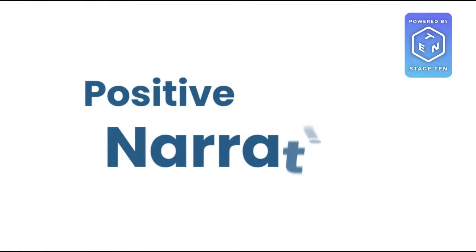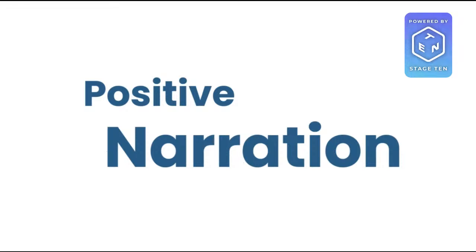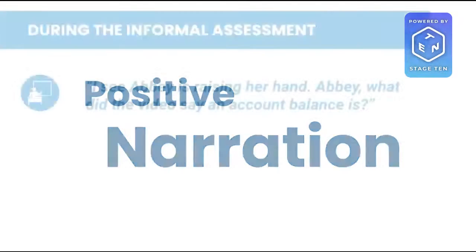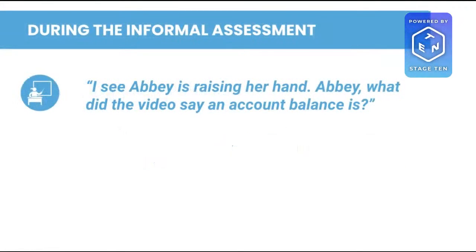Instead, the teacher uses positive narration to draw attention to another student who is on task and following directions. When the teacher redirects attention to Abby by saying, "I see Abby is raising her hand. Abby, what did the video say an account balance is?"